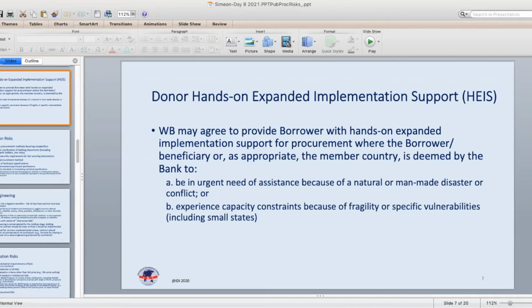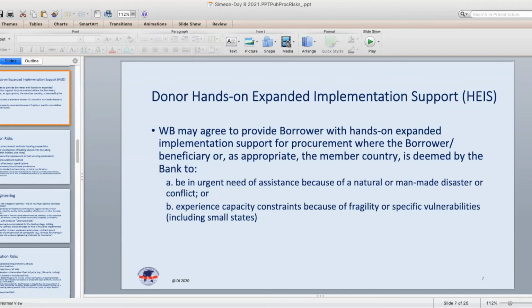In fact, what this involves is a stepped up, increased availability on the part of the World Bank itself to give hands-on assistance to procuring entities which may have capacity challenges, or that may be in small states, or in fragile or conflict scenarios.